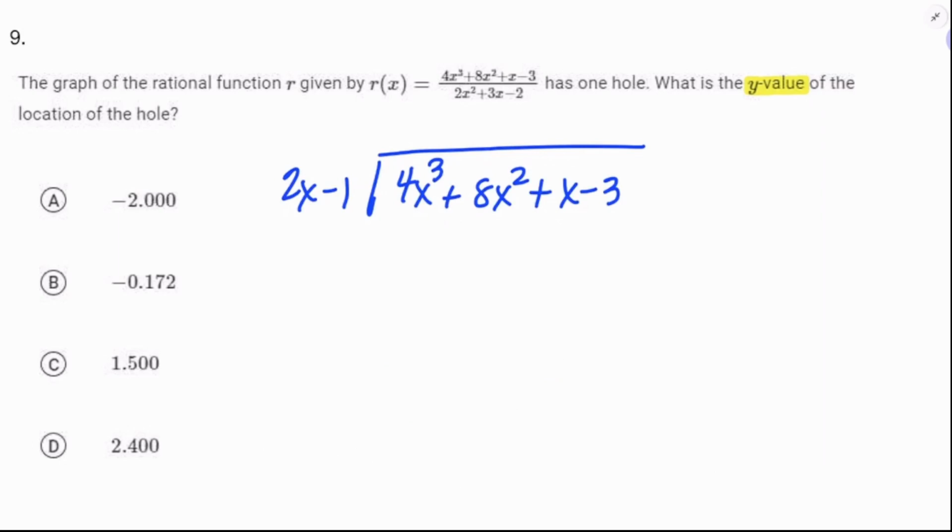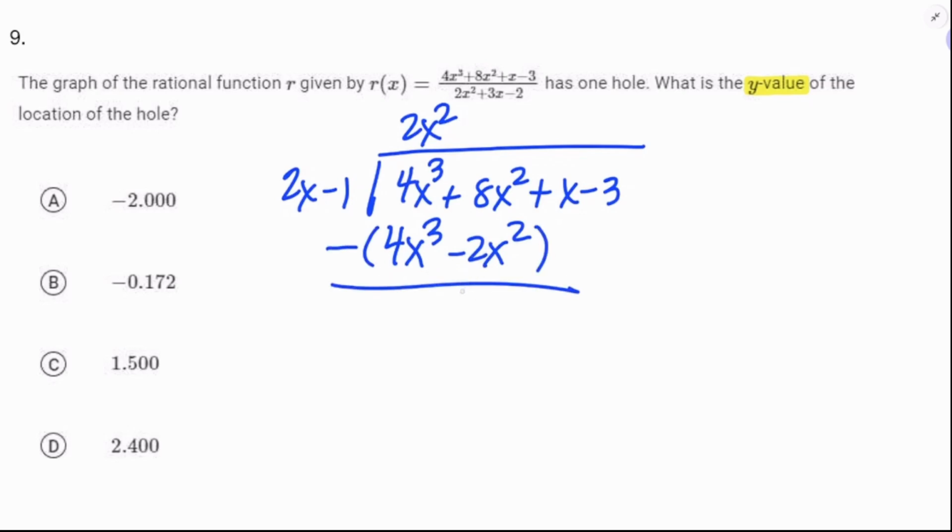So we're dividing by 2x minus 1, and we're going to say 2x times 2x squared is 4x cubed. So that's 4x to the 3 minus 2x squared. I subtract that. 4 minus 4 is 0. 8 minus negative 2 is 10.